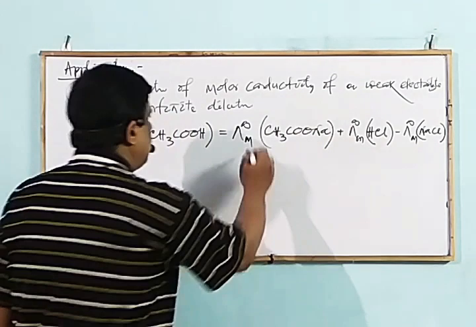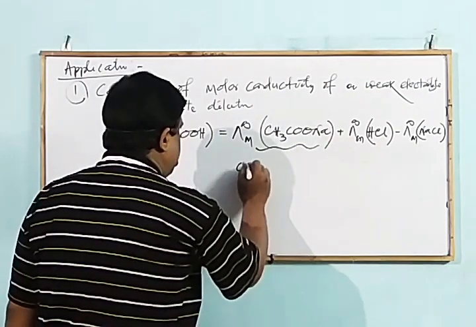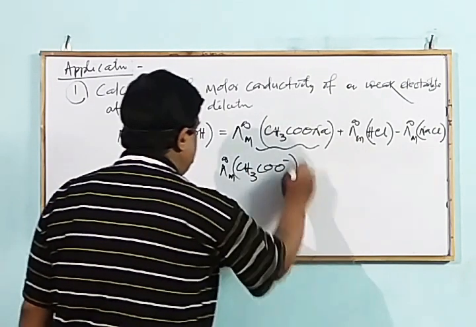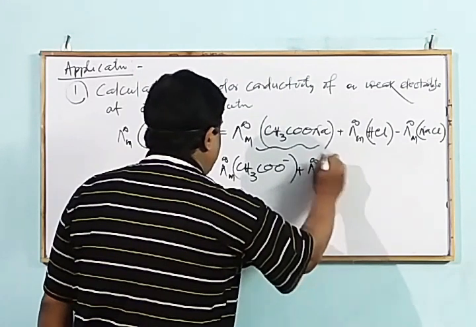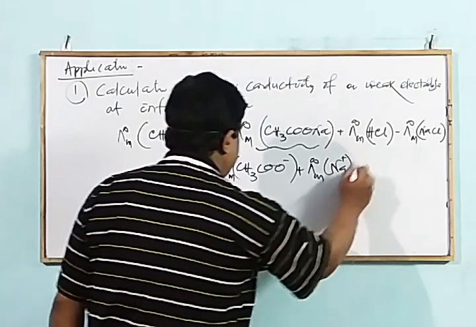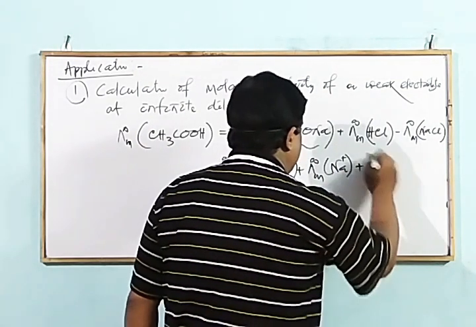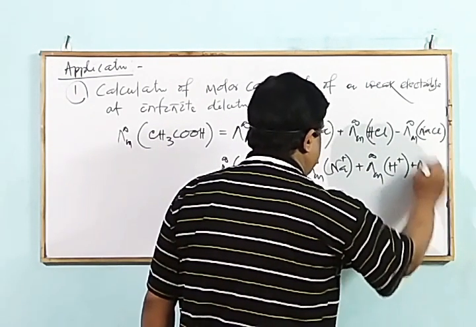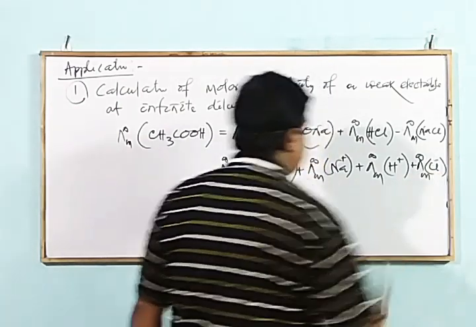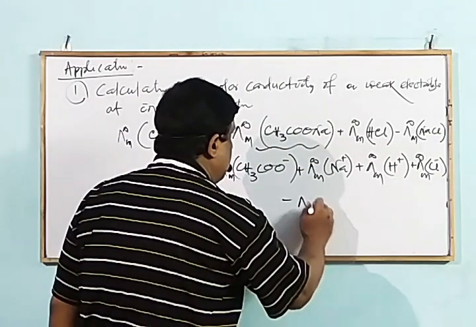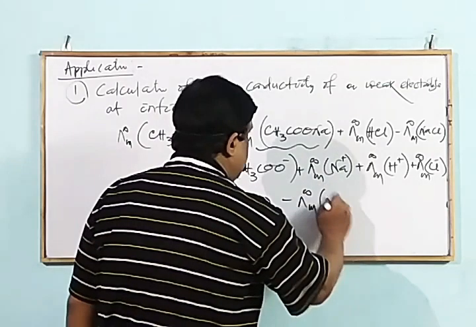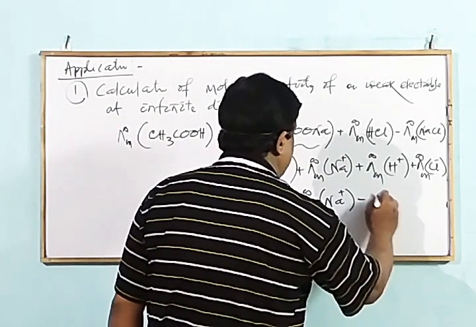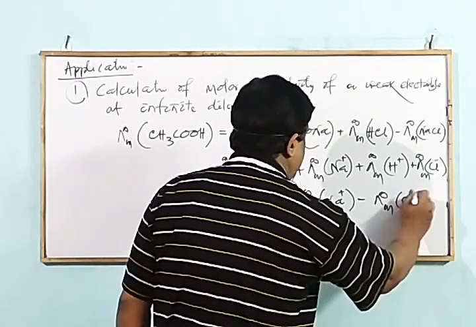Mark that, when these ionize, we get the molar conductivity at infinite dilution of acetate ion, plus sodium ion, plus H plus ion, plus Cl minus ion, minus sodium ion, minus chloride ion.